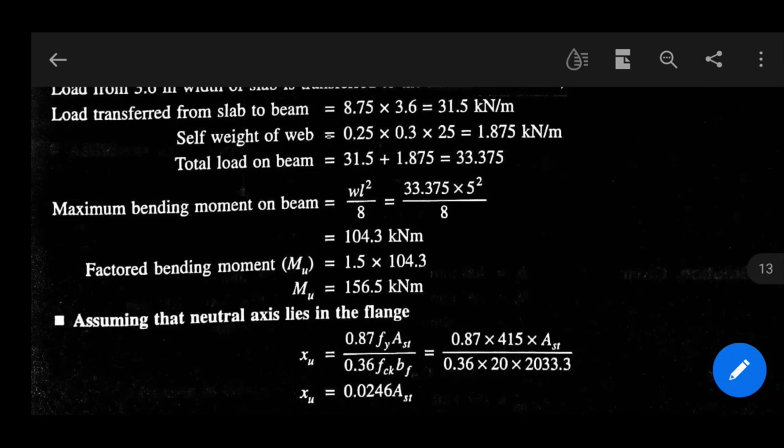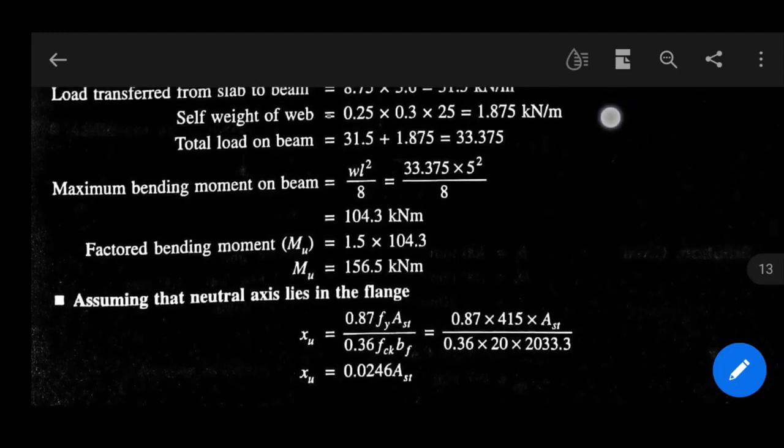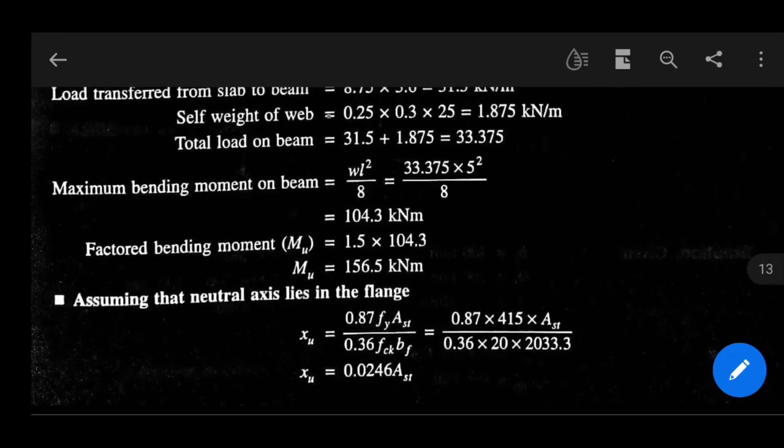So for that, XU is equal to 0.87 Fy into AST by 0.36 FCK into BF, that is equal to 0.87 into 415 into AST by 0.36 into 20 into 2033.3. So XU is equal to 0.0246 AST. Okay, so this is the value of XU.